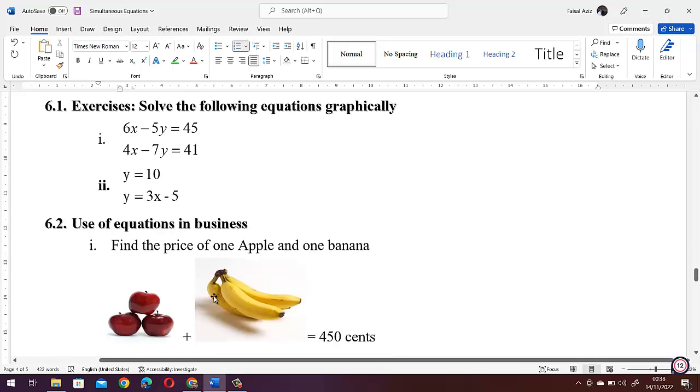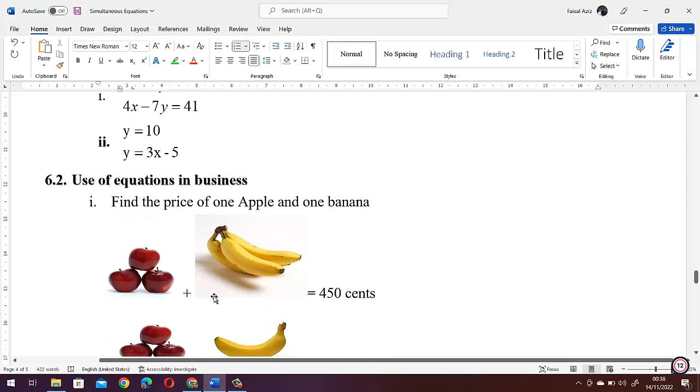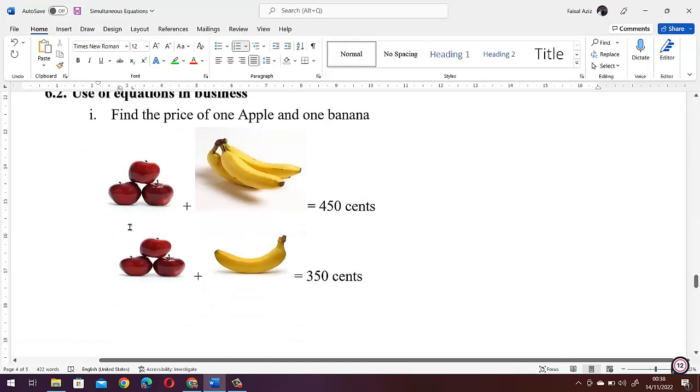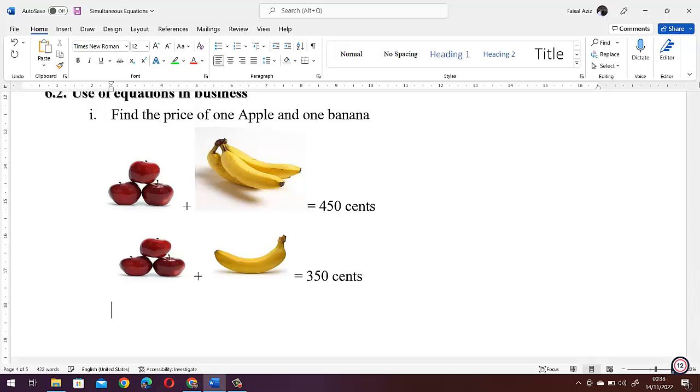Let's talk about the use of equations in a business. For example, here we have 3 apples and 3 bananas, and their value is 450 cents, and another is 3 apples and 1 banana, the price is 350 cents. We need to calculate the price of an apple and the price of a banana. You can transform this scenario into equations.